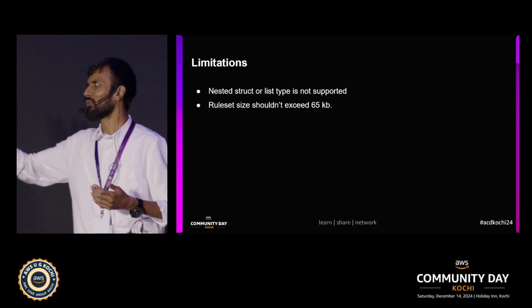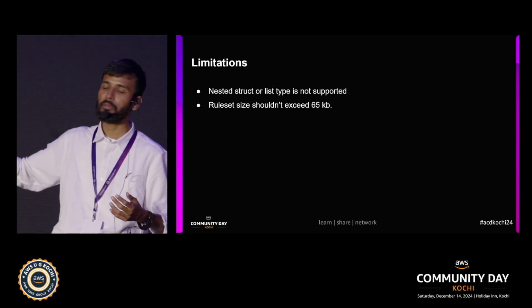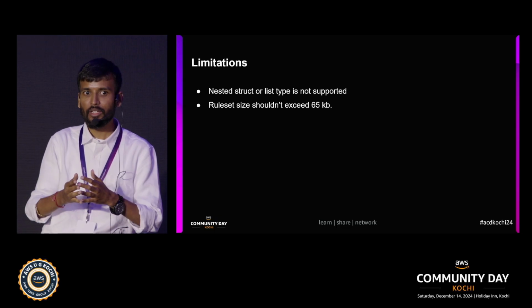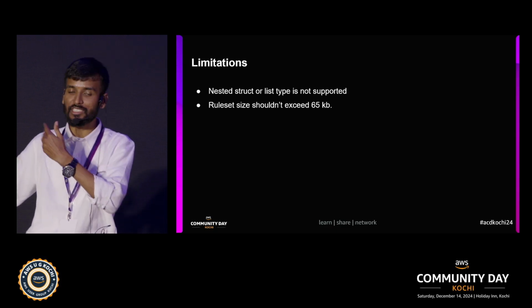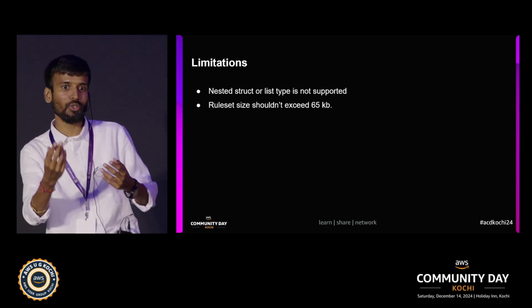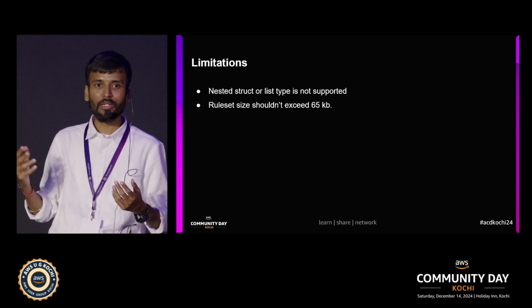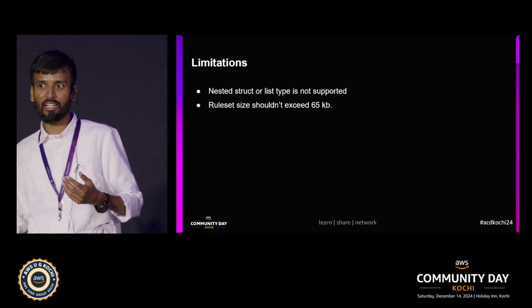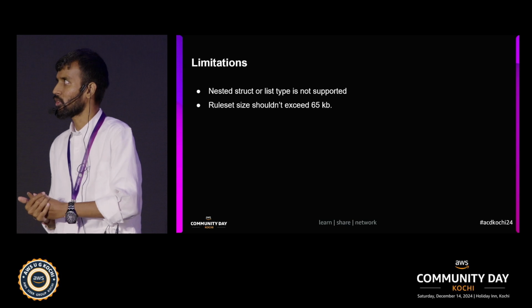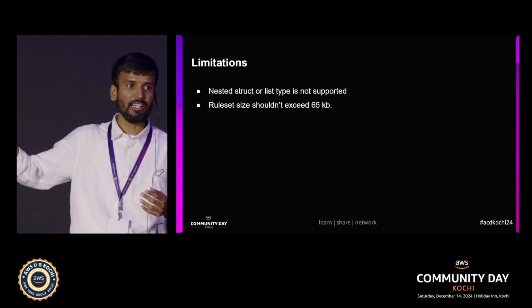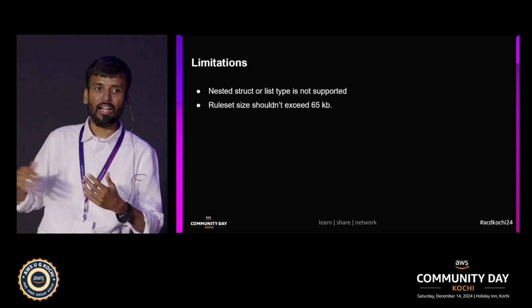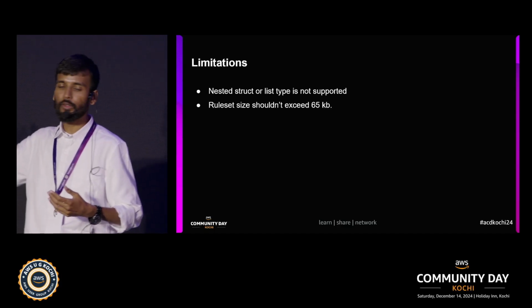And also we never encountered the 65 KB limitation actually. To exceed the 65 KB limit, we would need around 2000 rules in a single rule set. I don't believe we will be writing 2000 rules in a single rule set. So the first thing we can handle via flattening, and the next thing we won't be encountering.